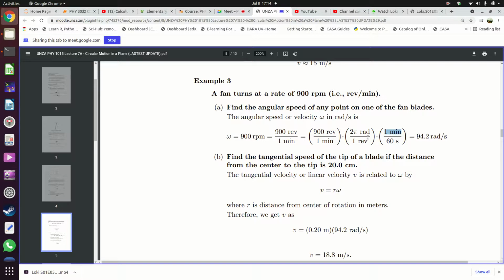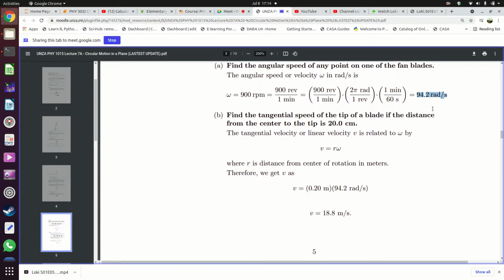The minute up there cancels out the minute at the bottom. So you remain with only radians and seconds. You end up with 900 multiplied by 2 pi divided by 60, which is 94.2 radians per second. So that's how you convert from revolutions per minute to radians per second.